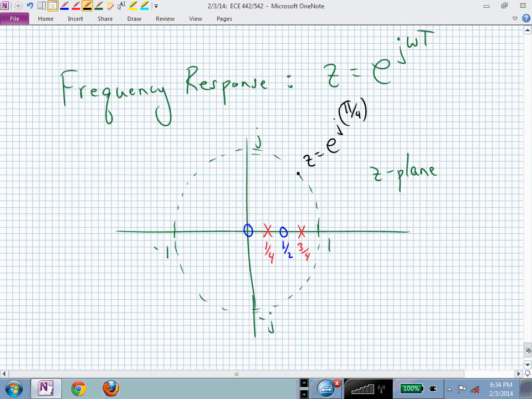Meaning I can go down here and measure that distance, that's the magnitude, and the angle, whatever that angle is between the positive real axis and that point z. I can do the same thing for these other singularities.